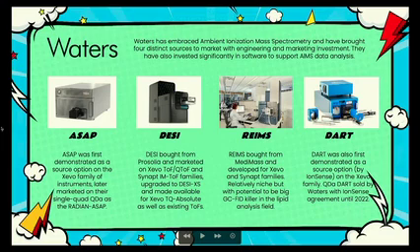There's DESI, which tends to come at the other end of the spectrum and works really, really well on the high-end instruments. Really works incredibly well on things like the Ionizability, the MRT, and the Synapt instruments for DESI imaging applications, and you get some very, very tight spatial resolution for DESI imaging.